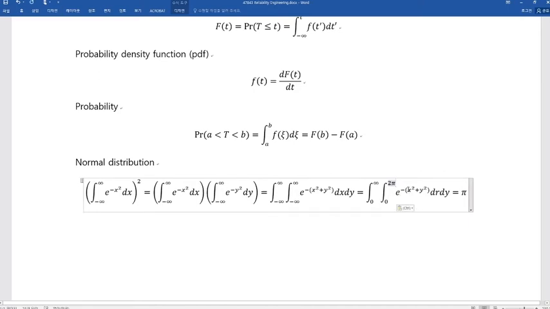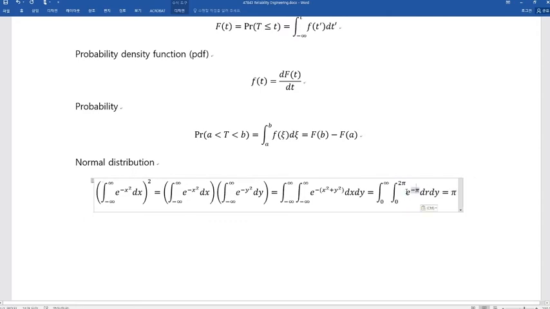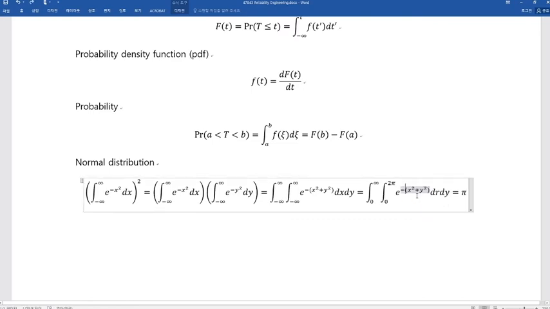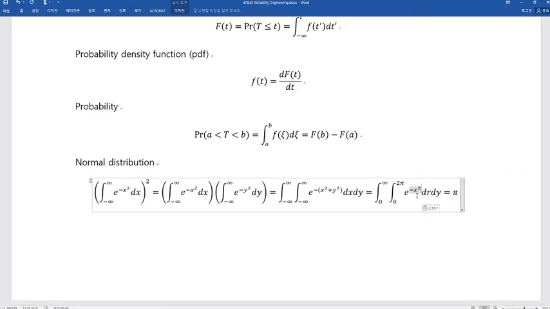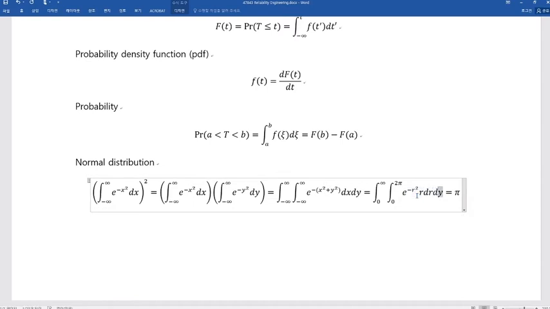And in that case, x squared plus y squared is now changed to r squared. This will change to r squared, and dx dy actually changes to r dr d theta.